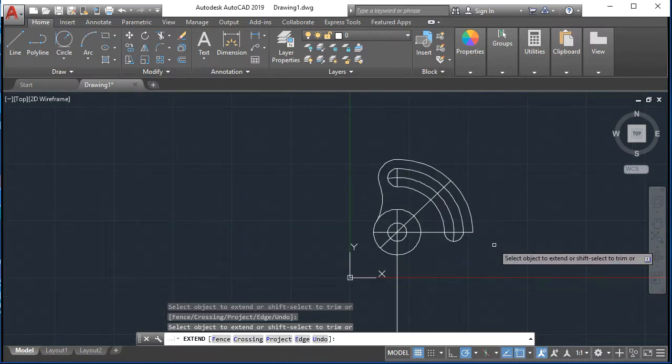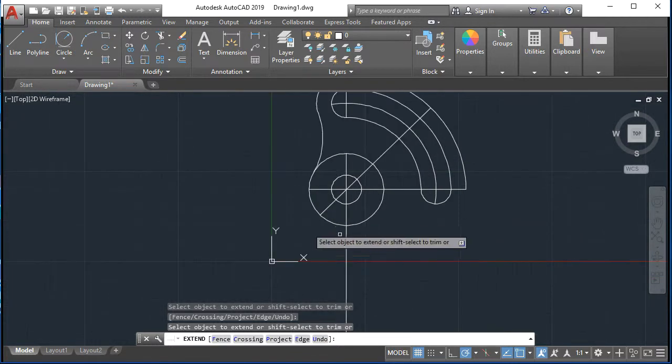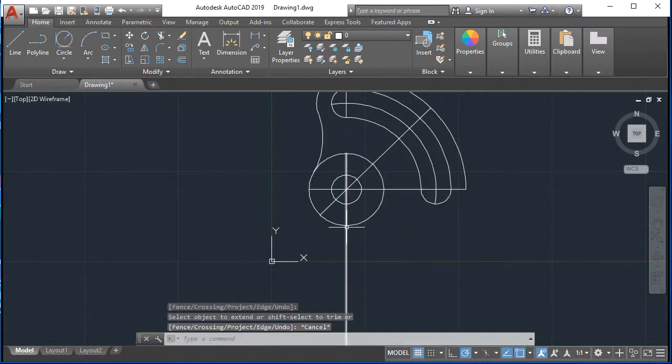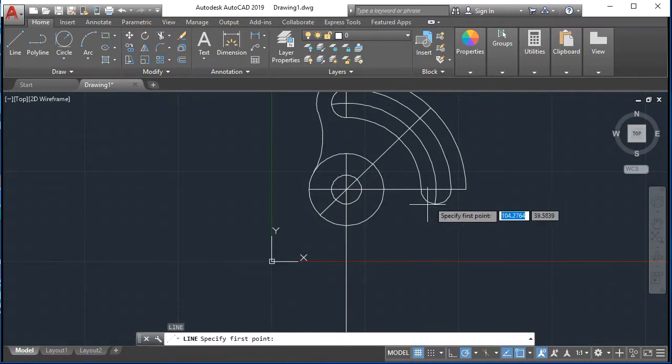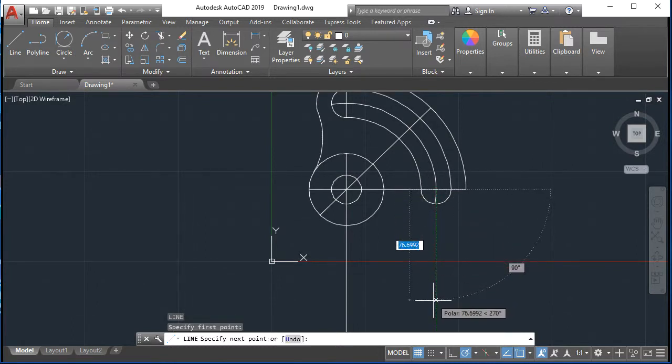Now we are going to draw two straight lines. The first line is this, and we want to draw another line parallel to this X line. So I am taking the line from this point, parallel at any distance.